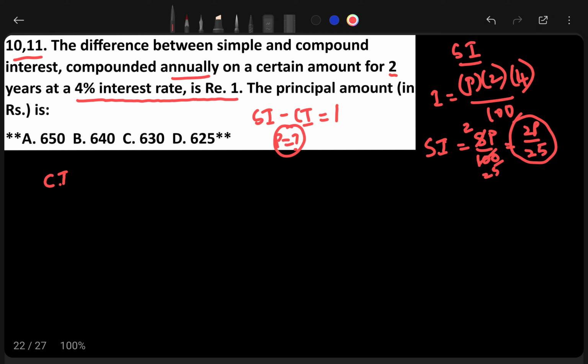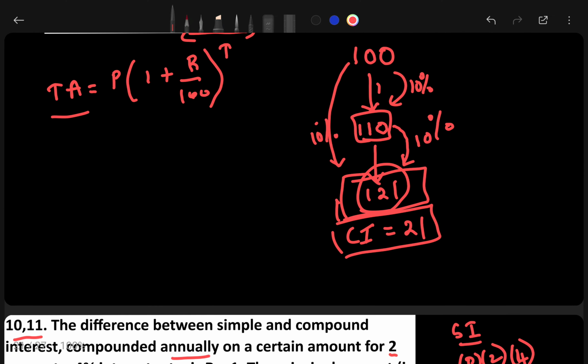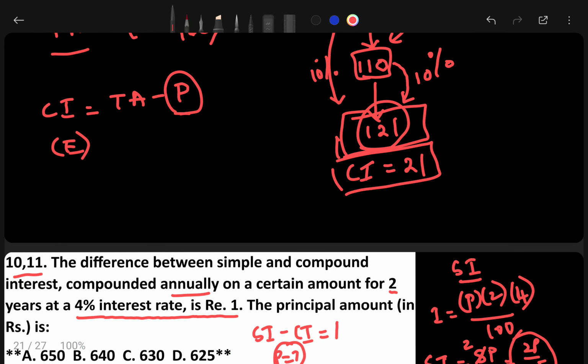Now compound interest. What is the compound interest formula? Remember, the formula I wrote gives the total amount. So if I want compound interest, it is the total amount minus the principal amount, which is the extra amount. So I need to do minus P in the formula.